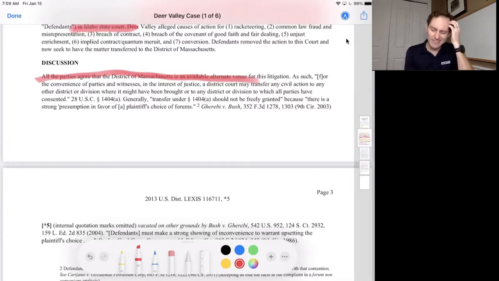Now, normally, if the contract says you got to bring the lawsuit in Massachusetts, courts are going to accept that, and courts are going to let you move it across the country to Massachusetts. Why? Well, Deer Valley, you signed a contract that says that you would do that. Okay. But Idaho has, and normally without taking this class, you probably think, yeah, we're screwed. We better send this off to Massachusetts.